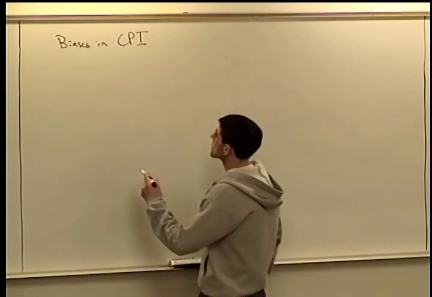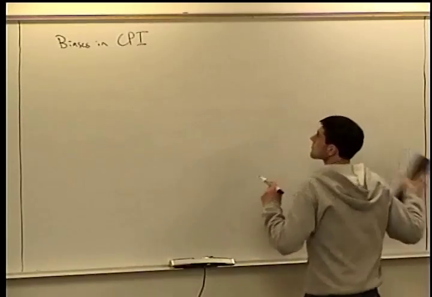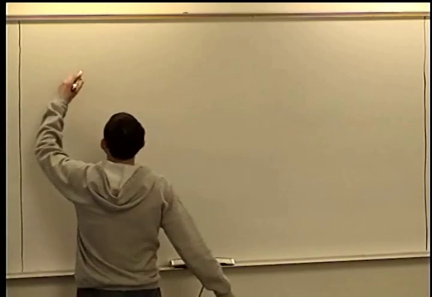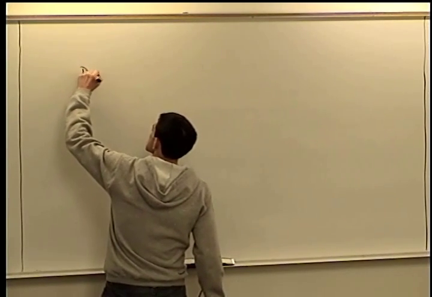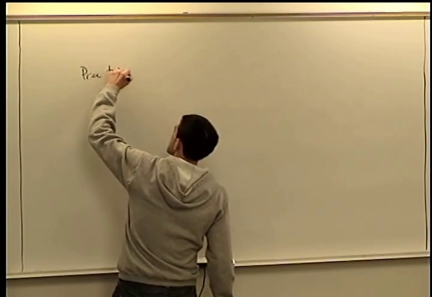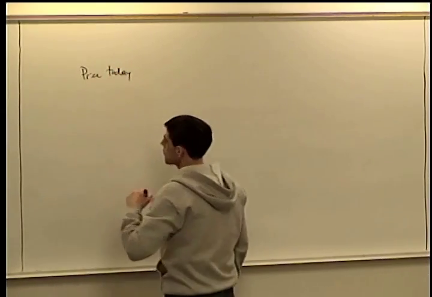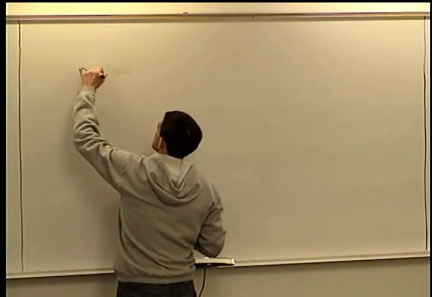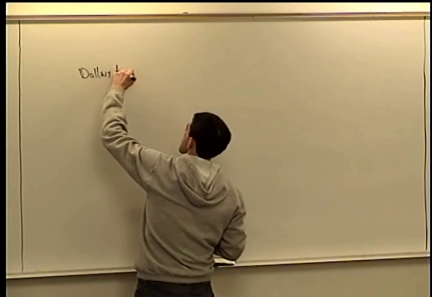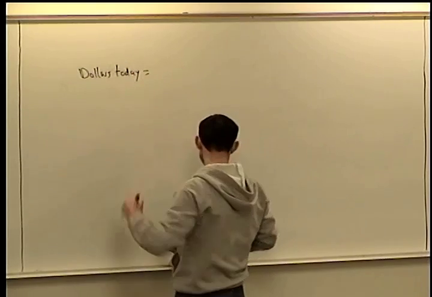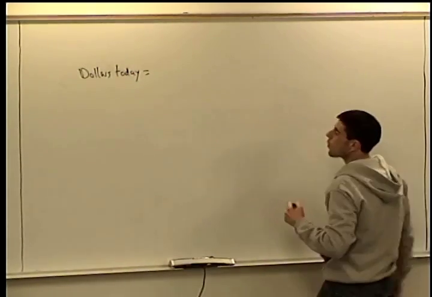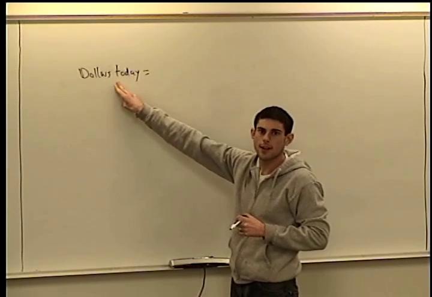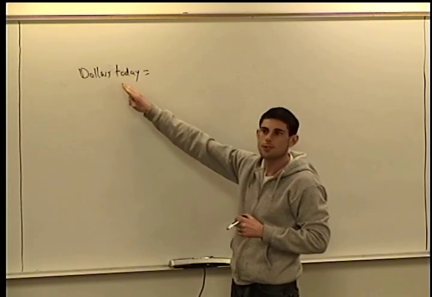What we can do here is, we want dollars today, and dollars today is going to be equal to, well, I want to know how much money I need today to have the same amount of comfort that I could have in 1950 with $1 million.